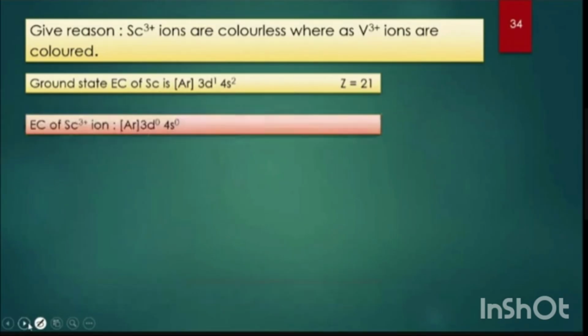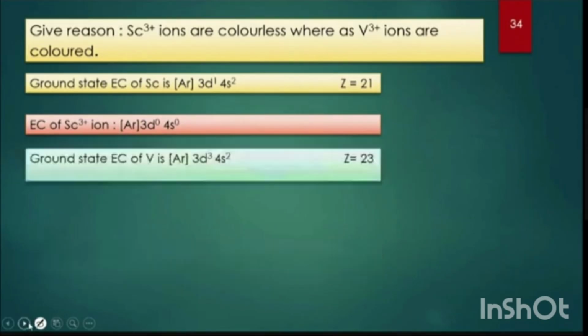For Sc3+ ions, losing all three electrons present in the outermost shells, its electronic configuration is going to be argon core 3d0 4s0. In both 3d and 4s orbitals, there are no electrons at all. The ground state electronic configuration for vanadium is given by argon core 3d3 4s2.